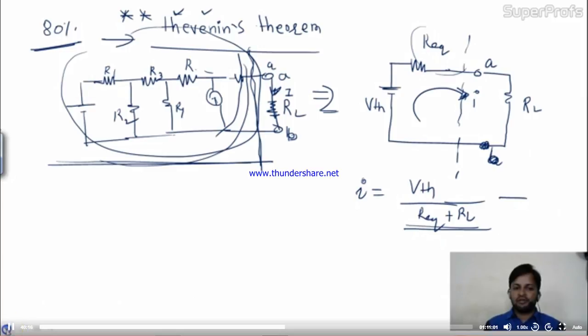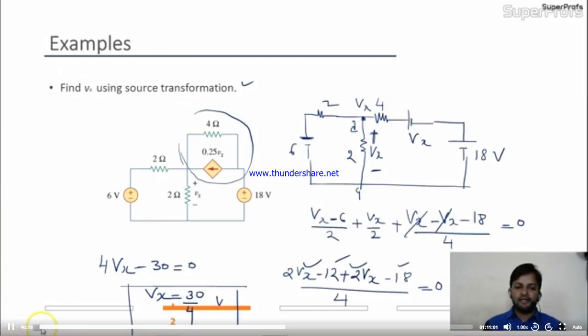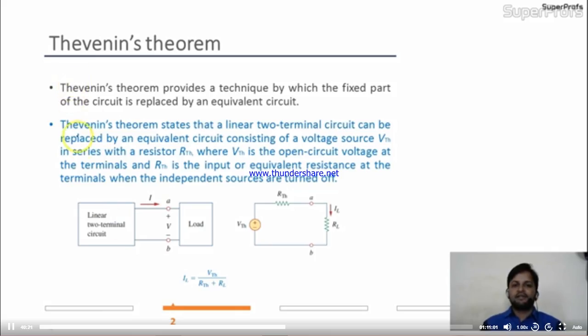Now come to the statement of the theorem. Thevenin theorem states that a linear two-terminal circuit, remember, two-terminal circuit, can be replaced by an equivalent circuit consisting of a voltage source V_Th in series with resistance R_Th.